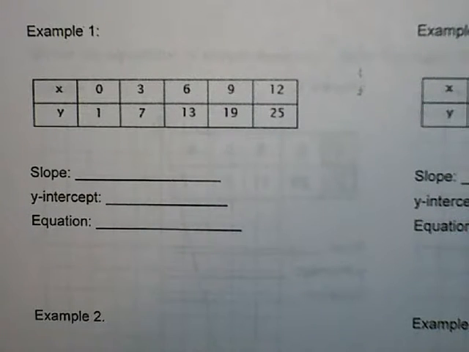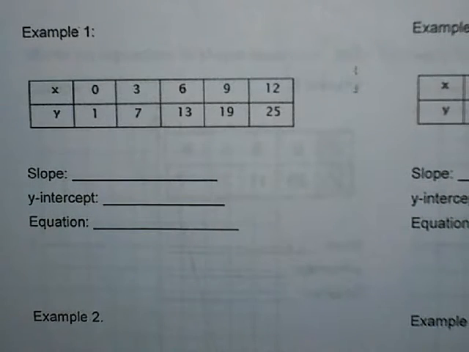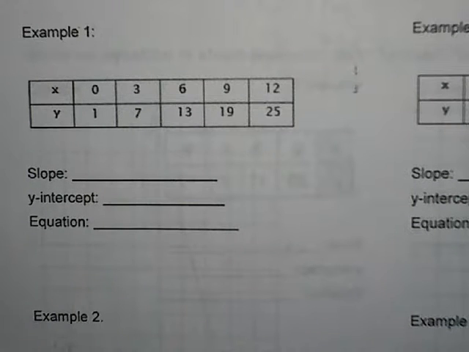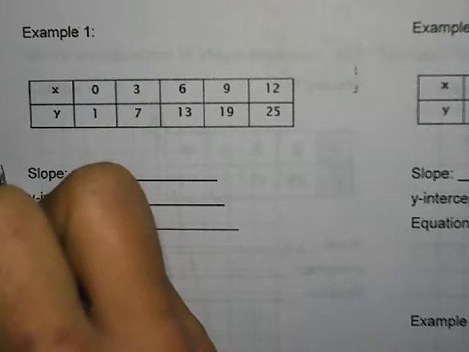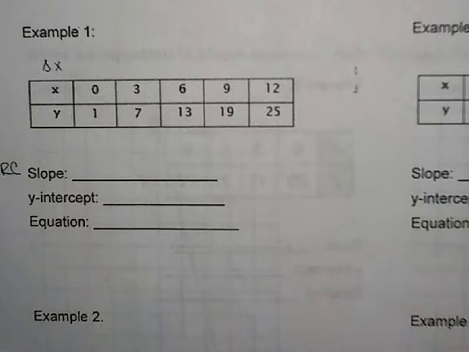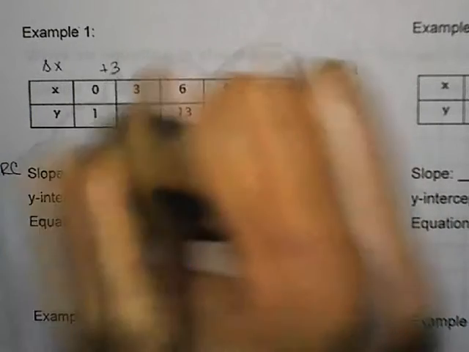Let's take a look at example number 1. Remember that the slope is also the change in y over the change in x, which we also remember is the constant rate of change. So the change in x is adding 3.